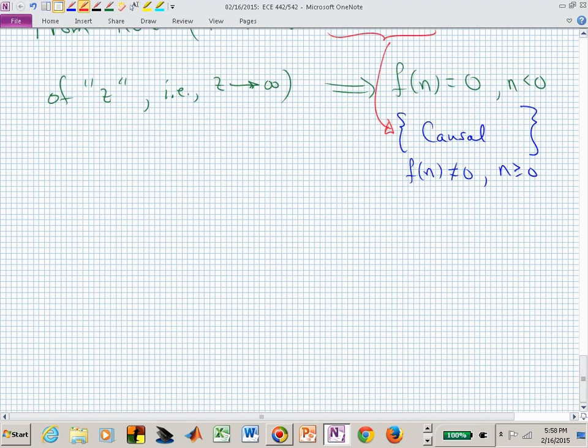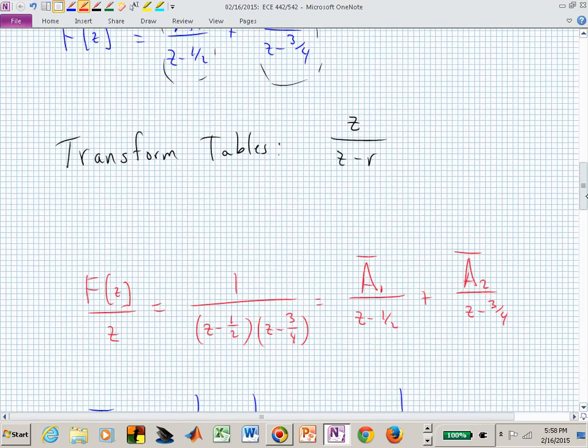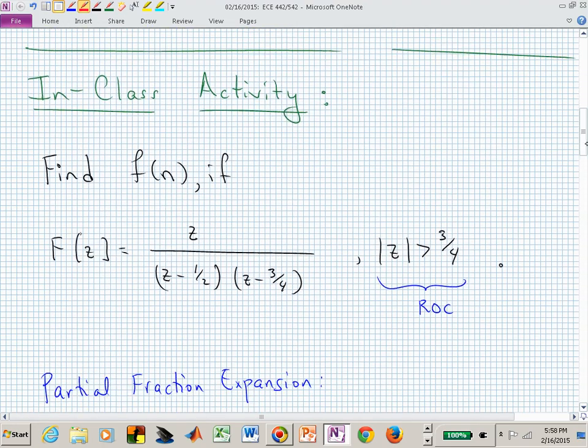Questions on that example? Just given this capital F of z, based on your understanding from exam number 1, could you have immediately written down the generic structure of your answer? What influences the structure?